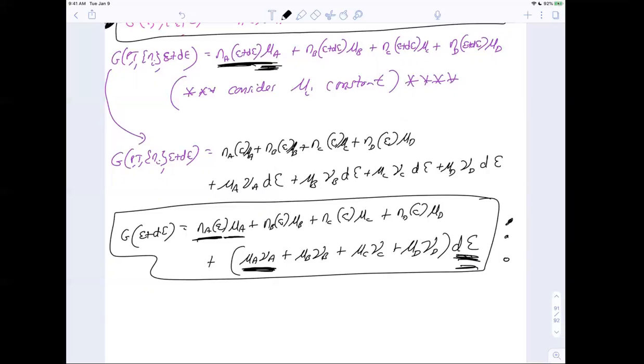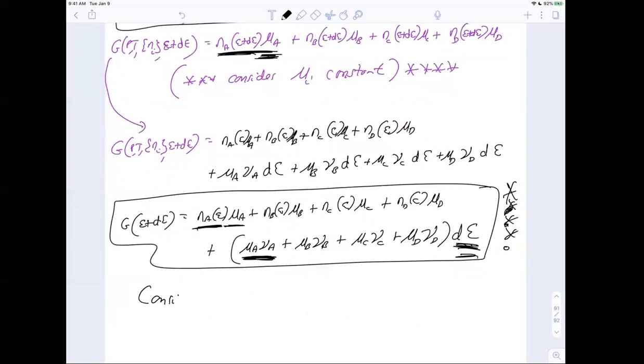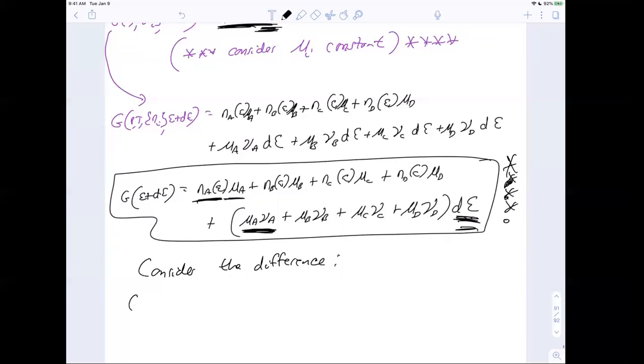Okay. So once we have these two expressions, we can take the difference. We can say, what is the difference? So consider G at epsilon plus d epsilon minus G at epsilon. Of course, temperature, pressure, and moles are there, but we're not going to worry about them.